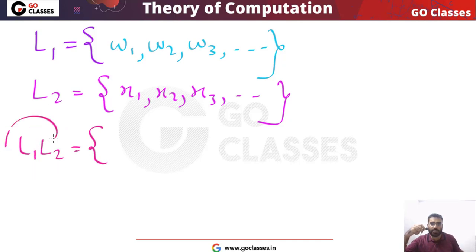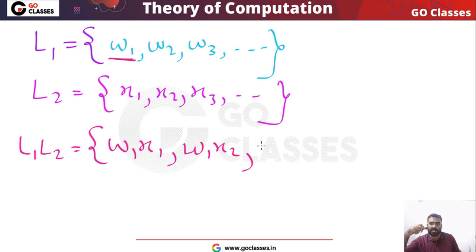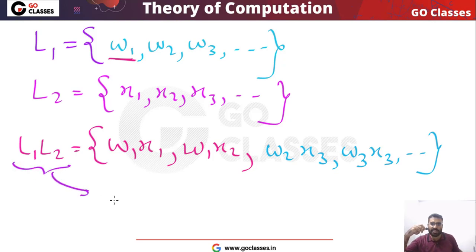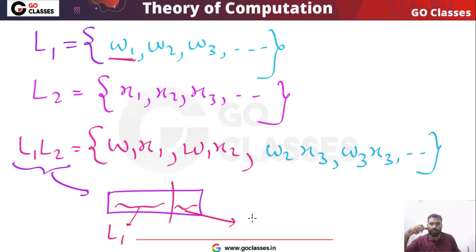So in this L1 L2 every string will have two parts: a string of L1 followed by a string of L2. Every string in L1 L2 is like this.